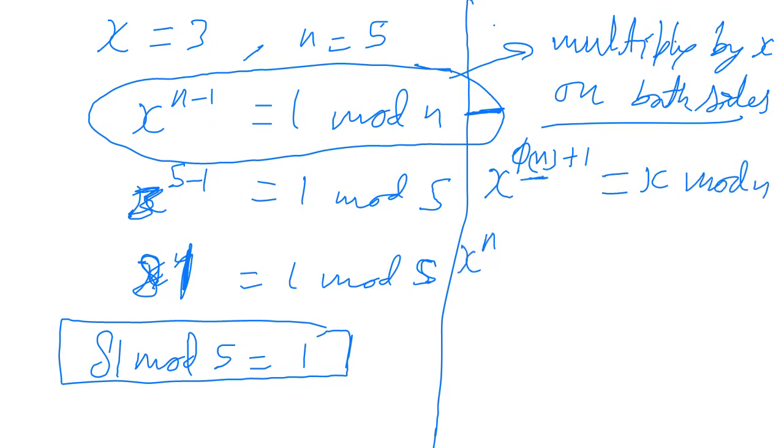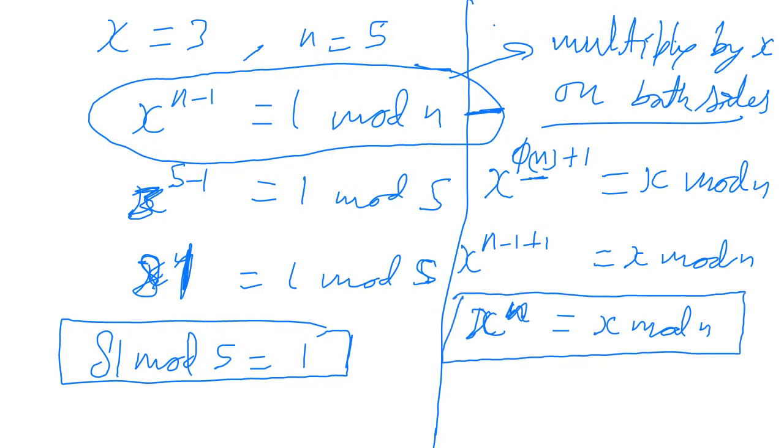So phi n is n minus 1 in the case of Fermat's theorem, when n is a prime number, plus 1 is equal to x mod n. You can also write it as x to the power n is equal to x mod n, simply n. So this is another result for Fermat's theorem.